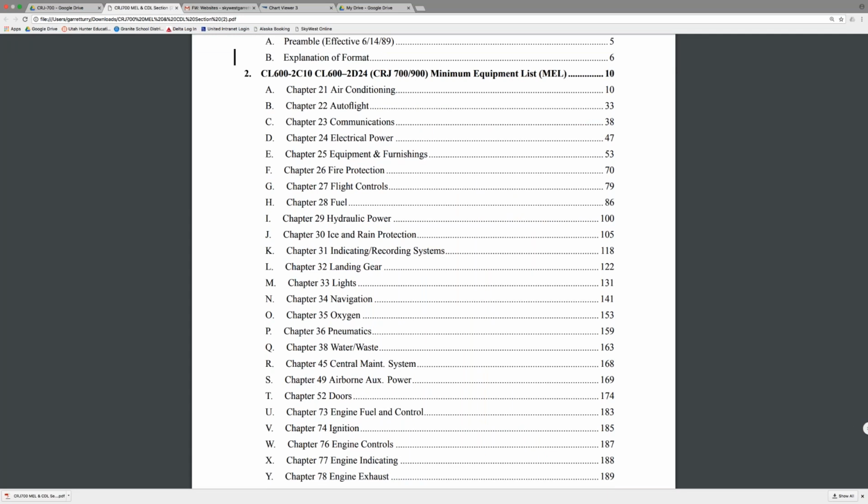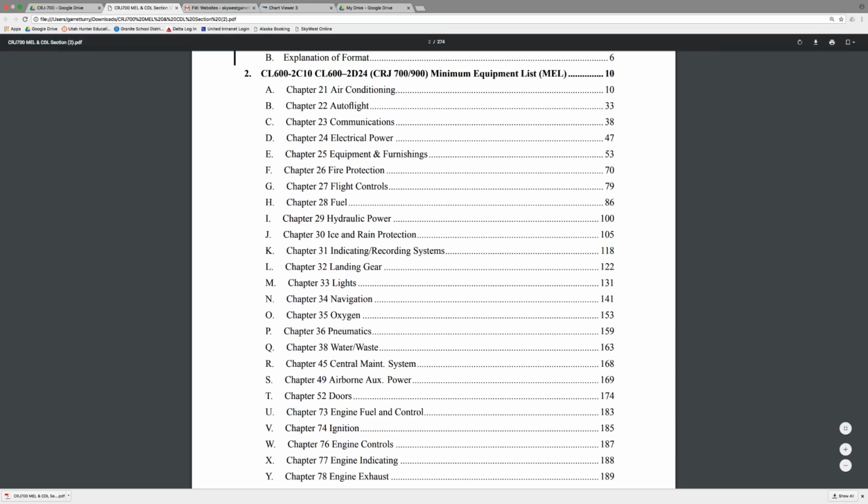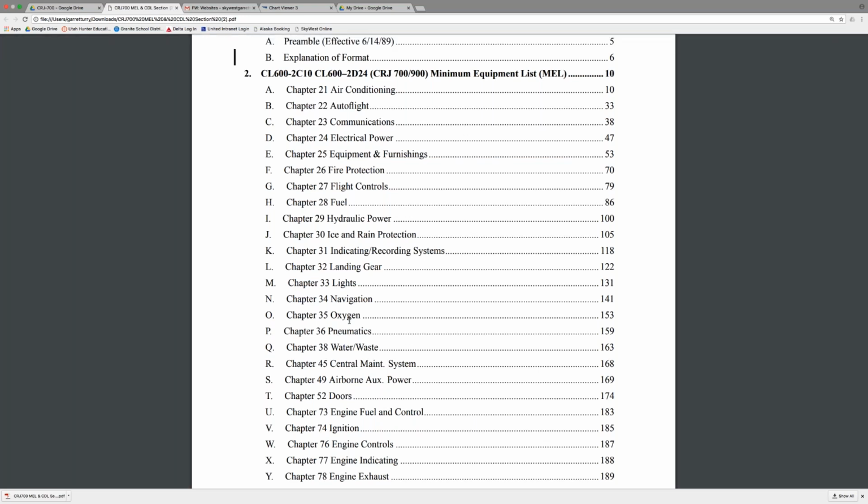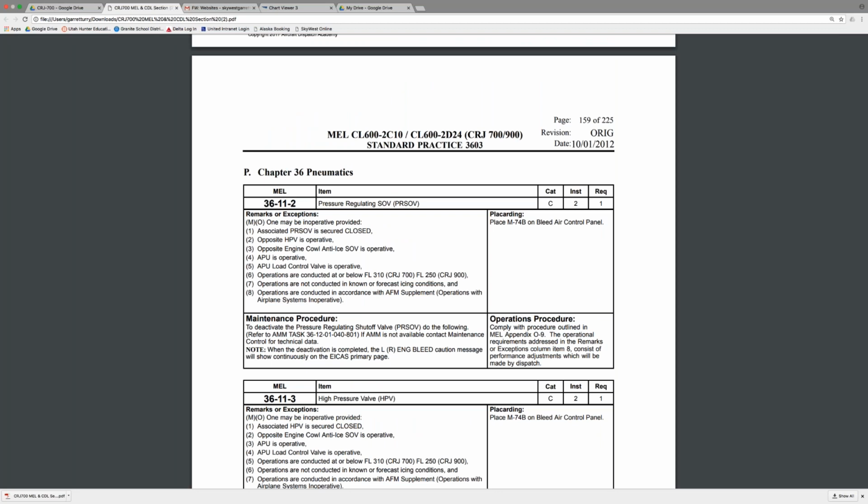Okay, I was looking for the N part, not the P, but that's the 159. Well, pneumatics is spelled P-N-E-U-M-A-T-I-C-S. Okay, so now I'm on the pneumatics page.